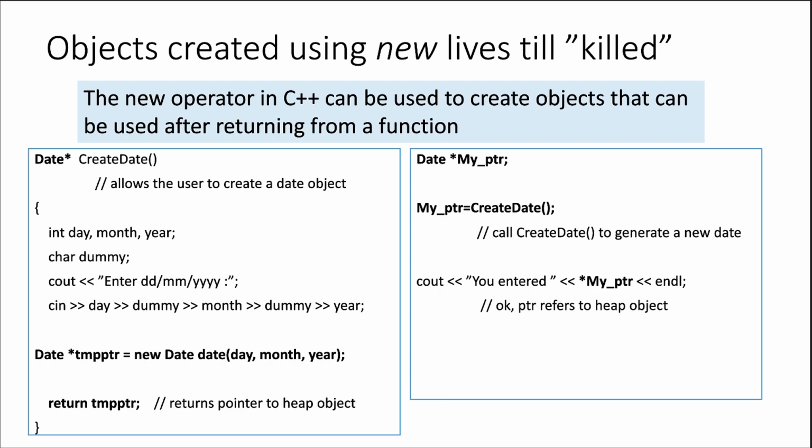Local to this particular create date function. So if it is a local variable, then it's supposed to be destroyed. When you exit this function, that variable is supposed to be destroyed. So now, do you expect that the date that you created got destroyed also?